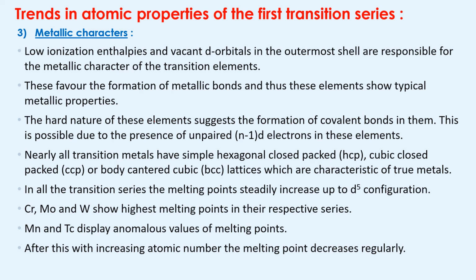In this way we completed three properties. First is atomic and ionic radii, second is ionization enthalpy, third is metallic character. For atomic radii, the summary is that across the period from left to right, as nuclear charge increases, atomic radii decrease.